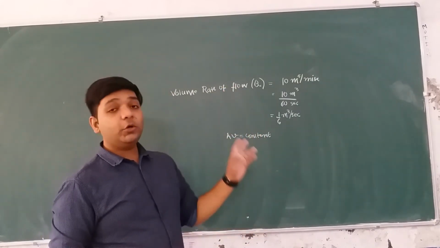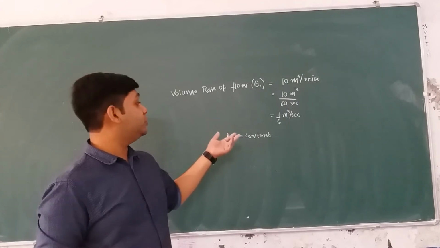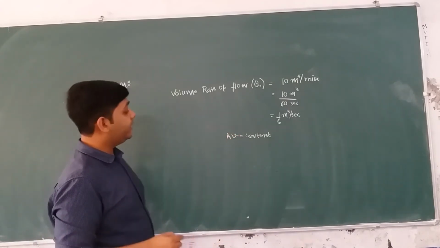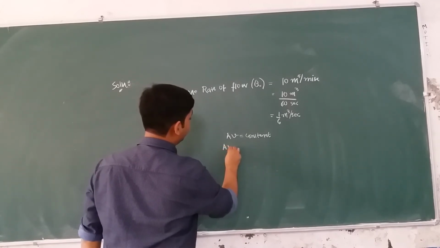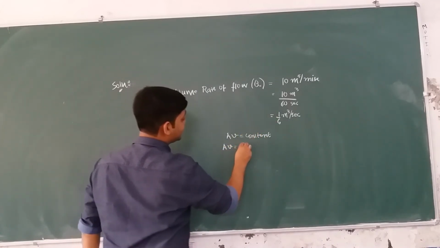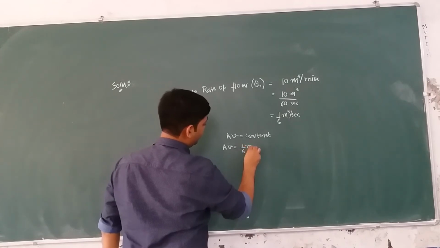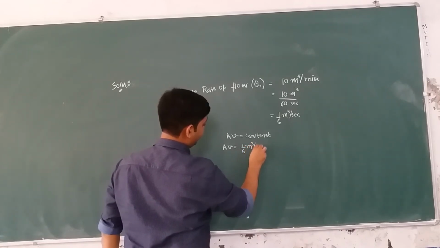When I told you about the fluids in motion, we discussed this thing. Okay? So we can say that AV will be equal to 1/6 meter cube per second.